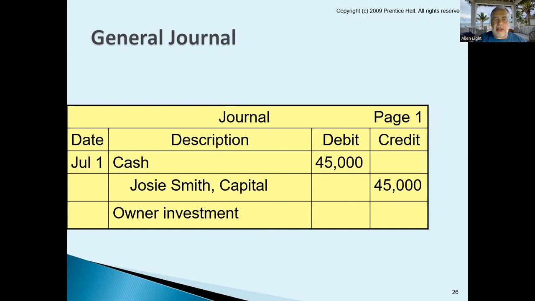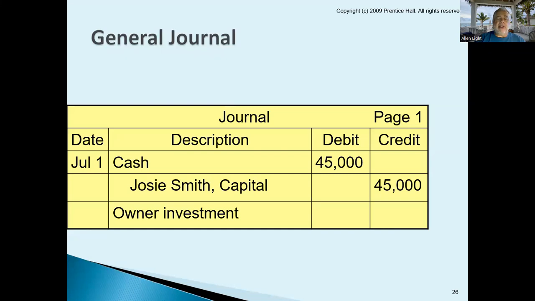Now let's look at the debit and credit part of it. If you'll notice, there's 2 columns, one for debit, one for credit. If I'm adding to cash, according to our rules, it's an asset. Adding to an asset is going to be a debit. So in this case, she put $45,000 in. So there's cash for $45,000.